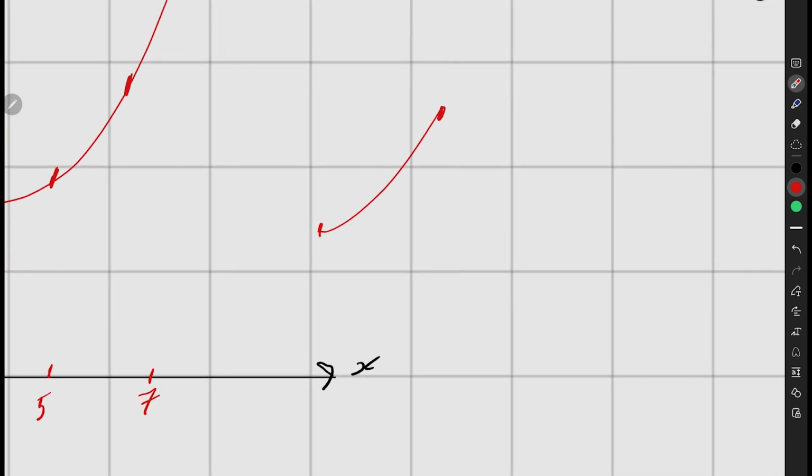And what you'd be doing by applying your basic gradient formula, m equals delta y over delta x, is finding your average rate of change.